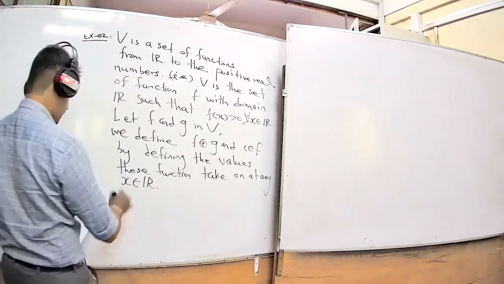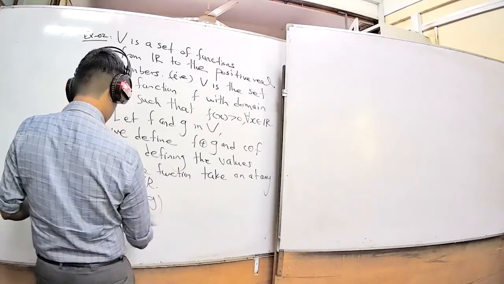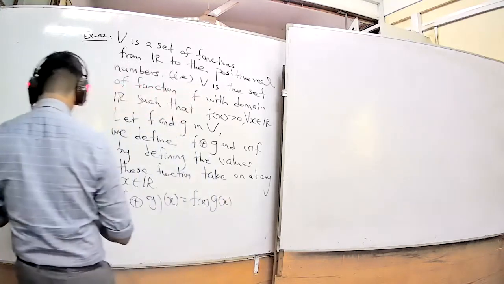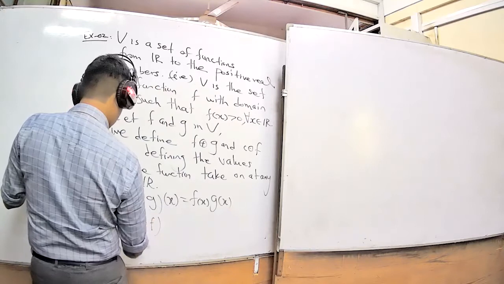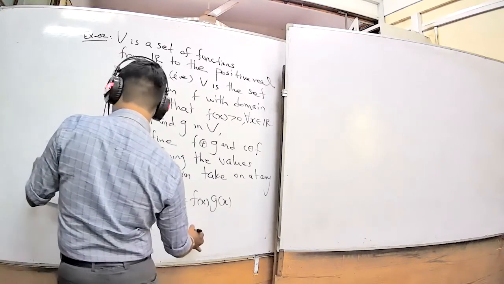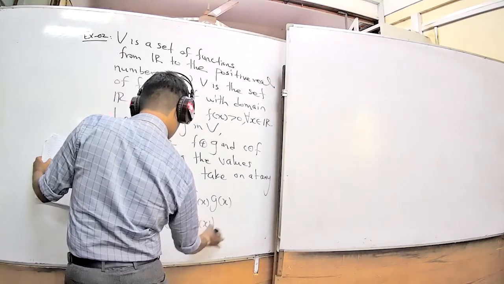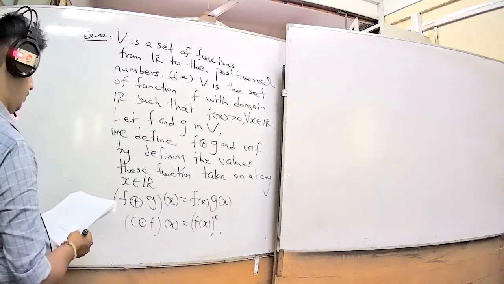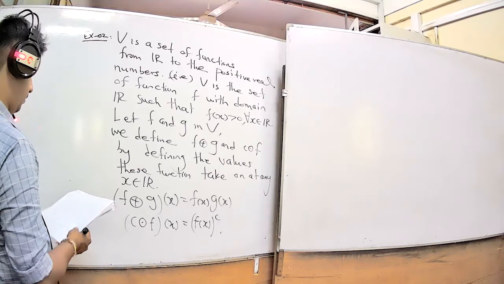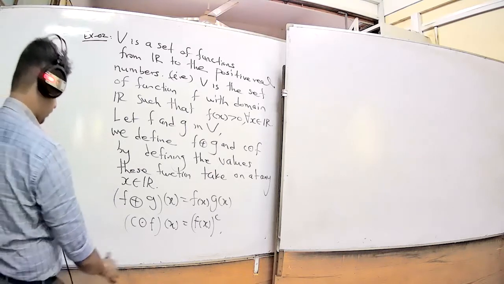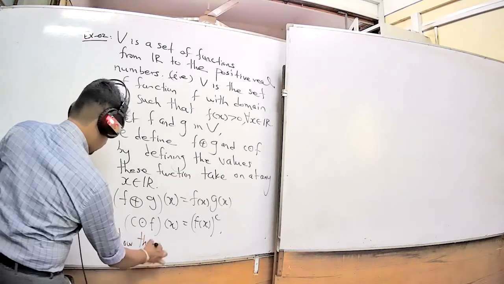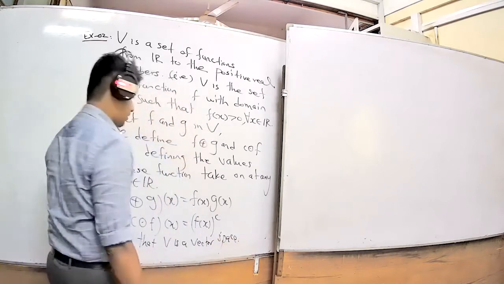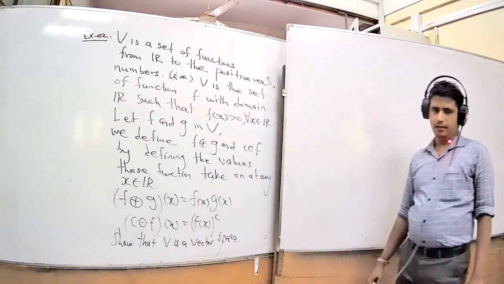So this is defined like this. So that V is a vector space. V is a vector space.